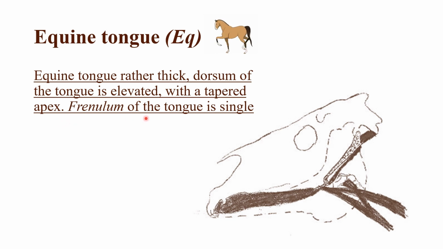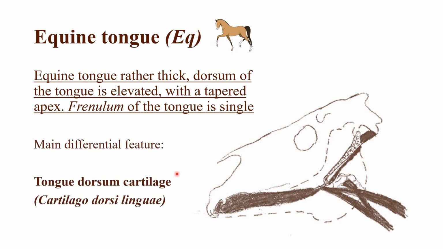The frenulum of the horse's tongue is single. And the main differential feature is the tongue dorsum cartilage, or cartilago dorsi linguae. So basically, the horse's tongue has an additional cartilage inside of it.